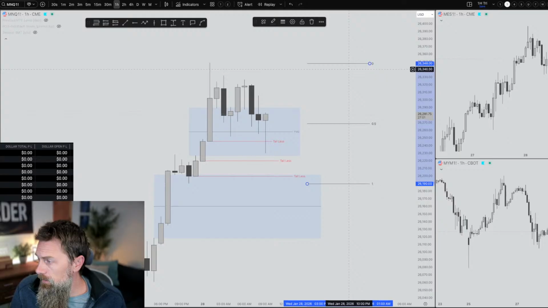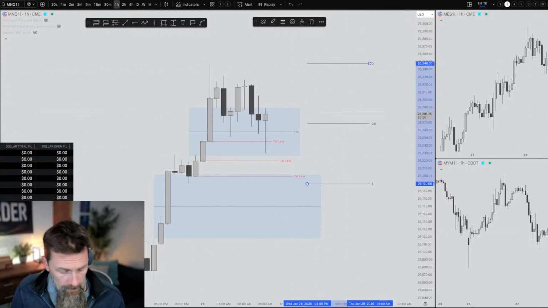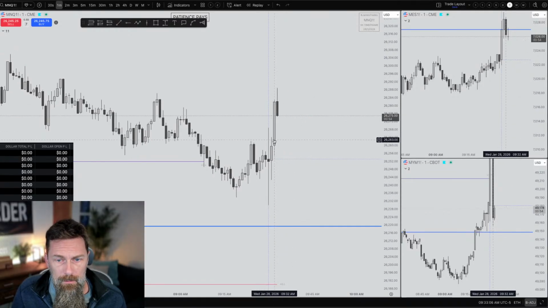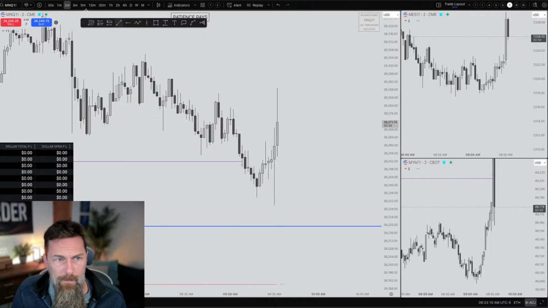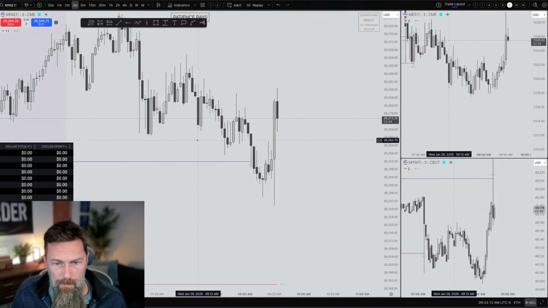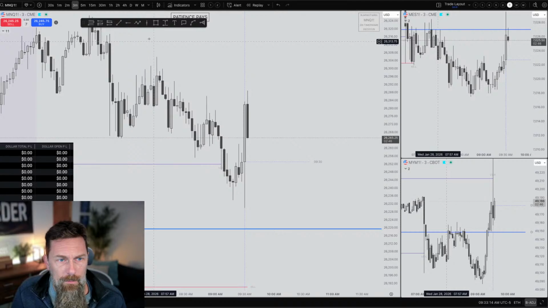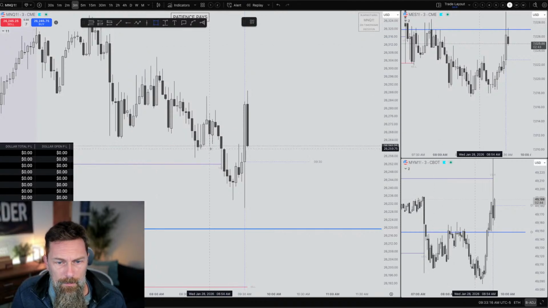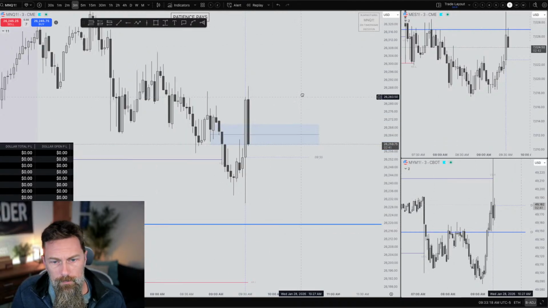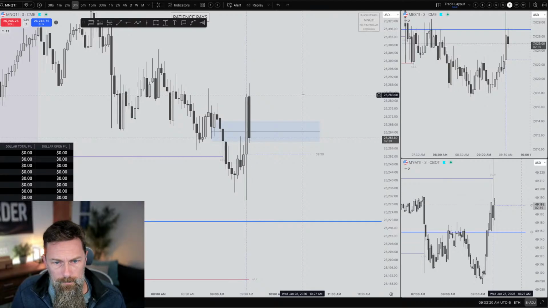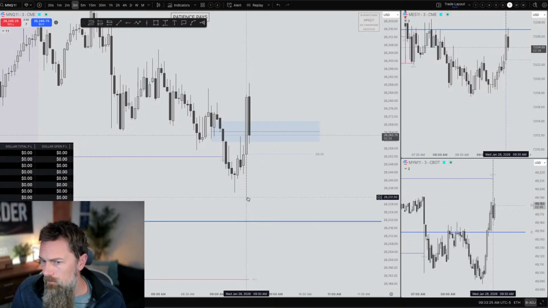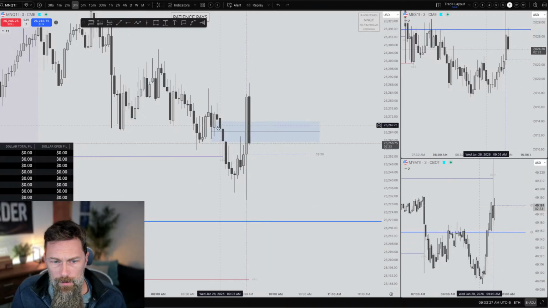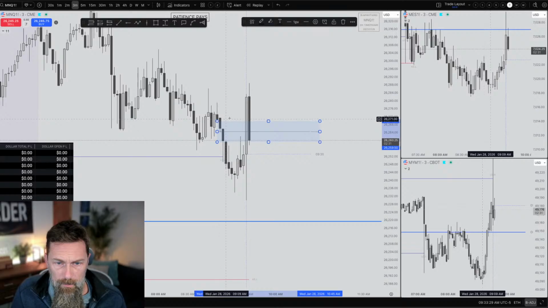All right, so just eyeballing 50% of this current range. Oh, looks like we got some movement over here. So here's a 3-minute inversion breaker.